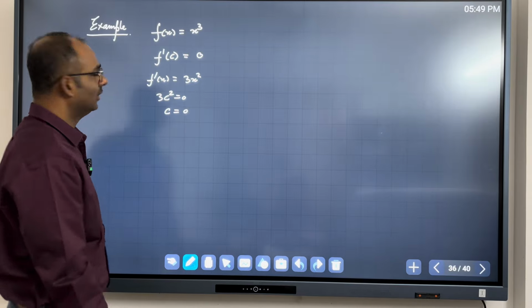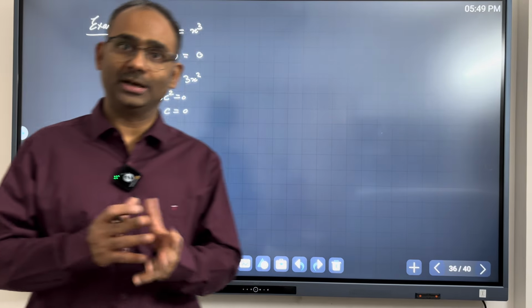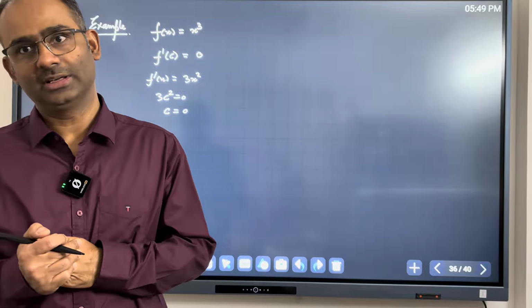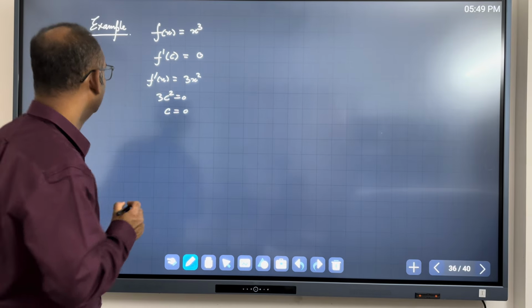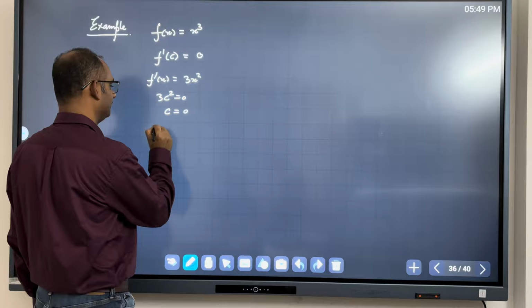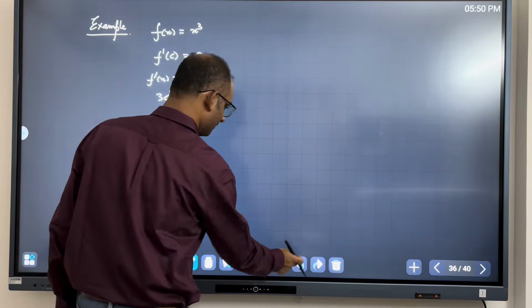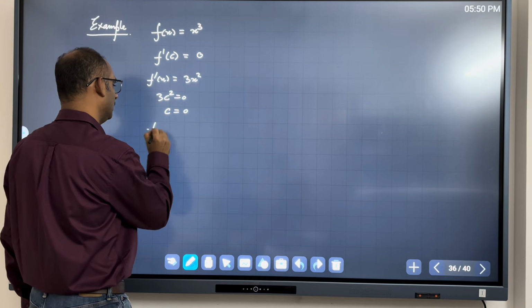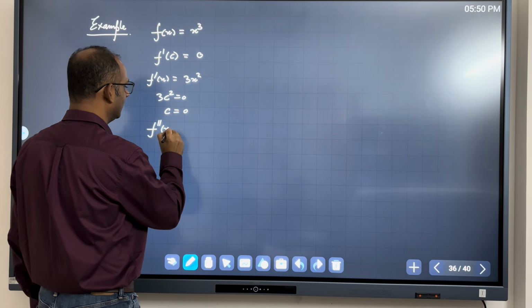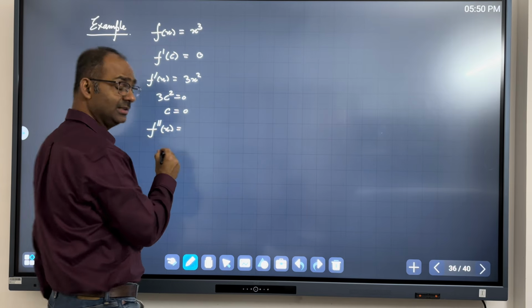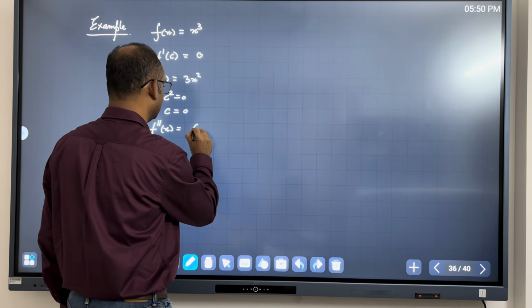Good. So now let's find out whether you have a maximum or a minimum at x equal to 0. That's what you want to know. So let's find the second derivative. f double prime of x is the derivative of this, which is 6x.